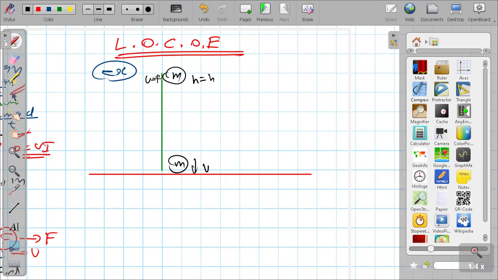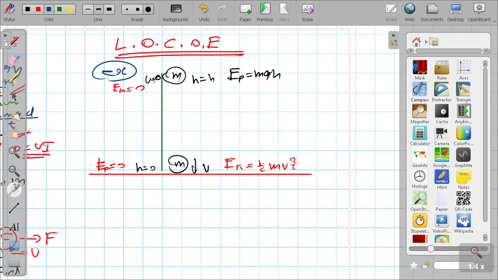At the beginning, we can consider the velocity is 0. Here, there is a potential energy of mgh. And with the velocity, there is a kinetic energy of half mv square. So here the kinetic energy is 0 because the velocity is 0. Here the potential energy is 0 because height is 0.